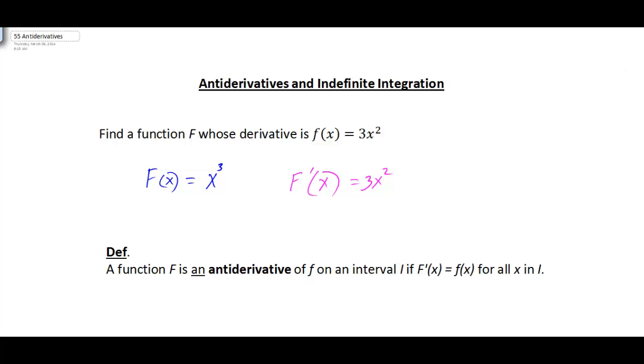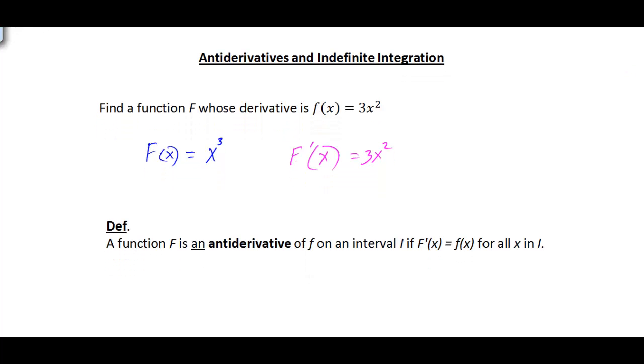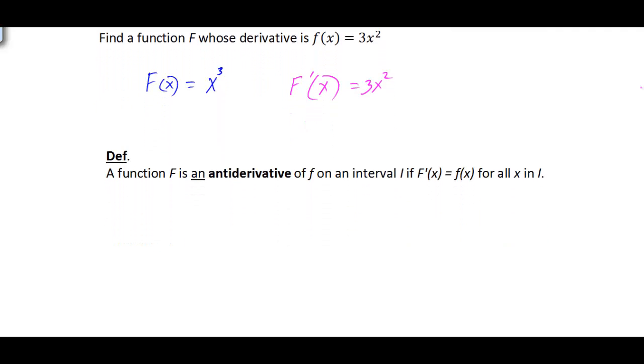That's what we're going to be looking at for the next couple units, how we can use these antiderivatives. So the definition here is: a function F is an antiderivative, and notice the key word is an antiderivative. It doesn't say it is the antiderivative. A function F is an antiderivative of f on an interval I, so this is just the interval from, say, a to b, if F prime of x is equal to f of x.